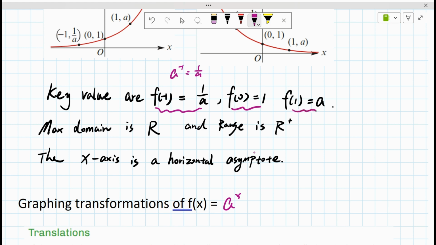And if x equals 1, the function equals a. The domain is the real numbers, and the range can only be positive numbers. The x-axis is the horizontal asymptote.